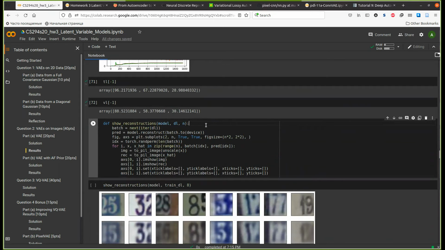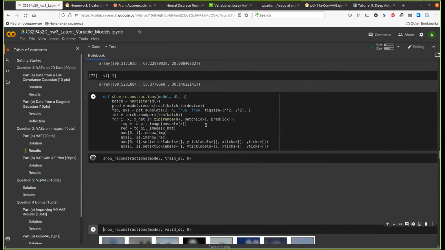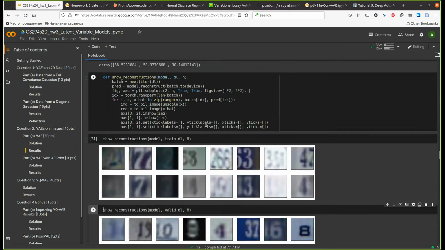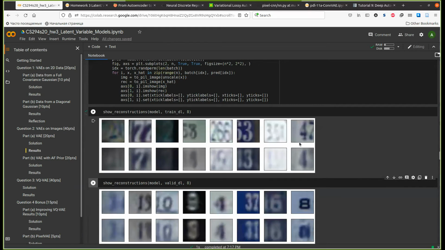Okay, now we can have a look at some reconstructions we learned this time. Here the original image is above, and the reconstruction is below. You can see that the reconstructions are really blurry in this case. Maybe way too blurry.